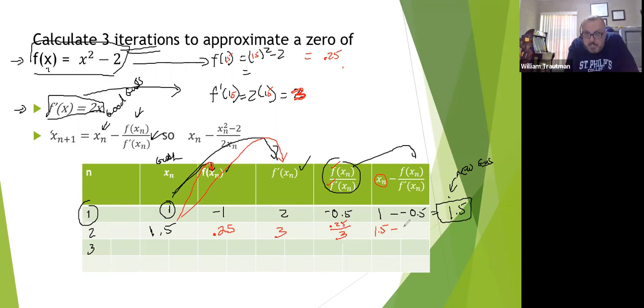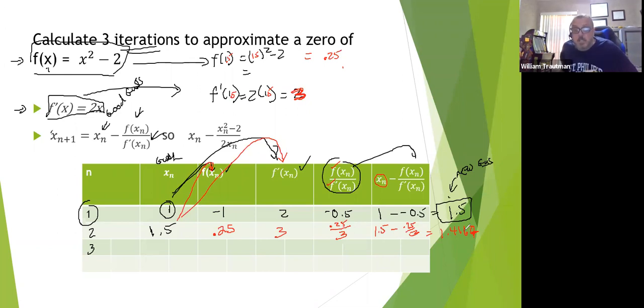So on my calculator, 1.5 minus 0.25 divided by 3, I get 1.4166. I'm going to go 4 decimal places, so that rounds to 1.4167. So we're closer. Do you see how close we are?